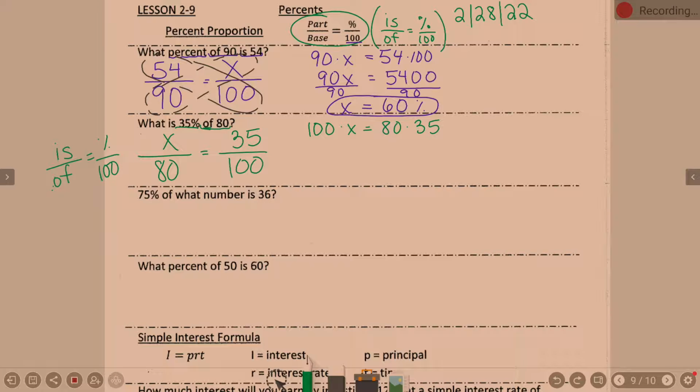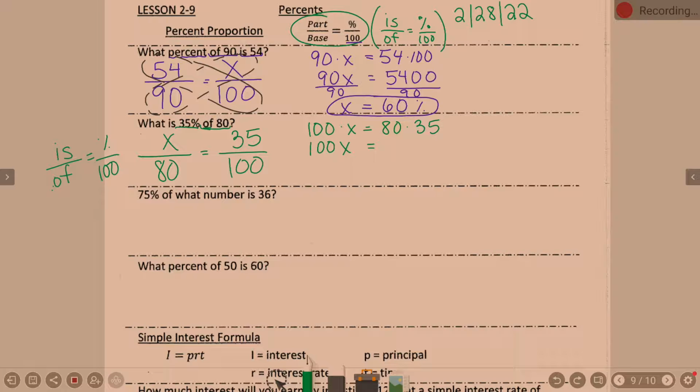Yeah, I did the 35x for some reason. I did the 35. And then that's going to be 100x. 100 times x is 100x.